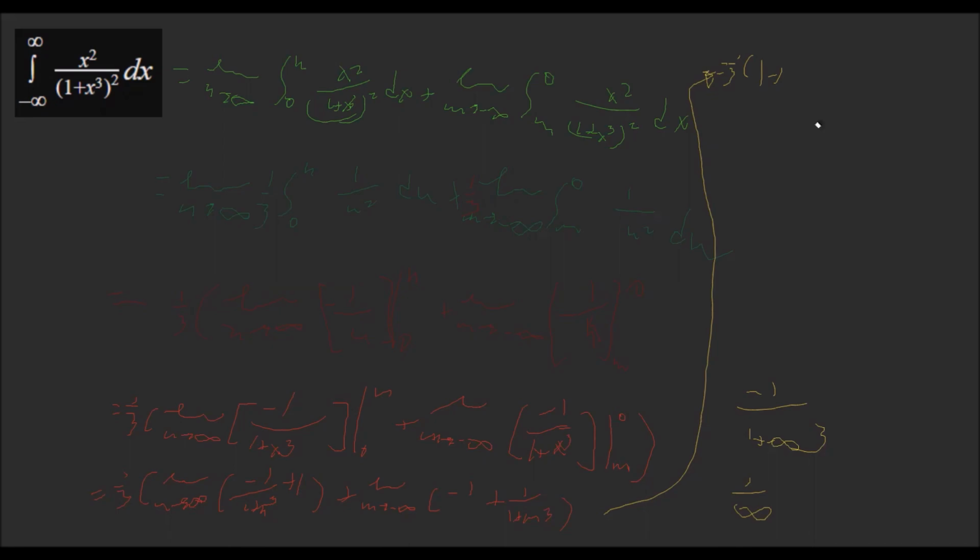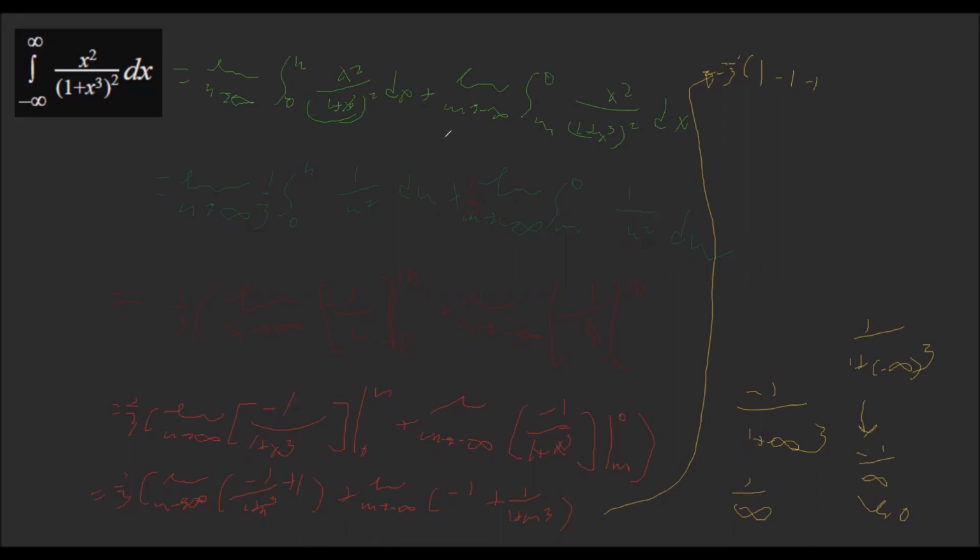Plus the limit as m approaches negative infinity of negative 1. So hold on, I don't know what happened over here. 1/3 times negative 1, plus the limit as m approaches negative infinity of 1 over 1 plus m cubed. Now, that can be modeled as 1 plus negative infinity cubed, which can be modeled again as negative 1 over infinity, but negative 1 over infinity, just as 1 over infinity, is equal to 0.